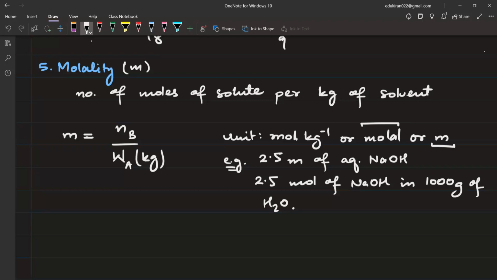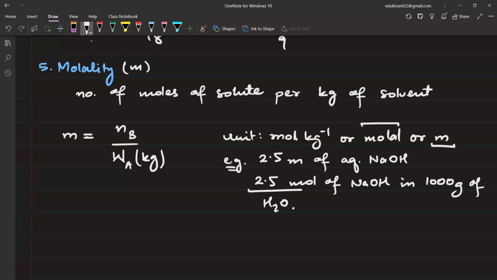1000 gram of water. Now, as you can see, it was only one number that you had as information, and you did not have the information completely when they wrote 2.5 m. But now you have dissected it and got the complete information: 2.5 mole of NaOH in 1000 gram of H2O. So you have the moles of NaOH, and also the mass of the solvent.